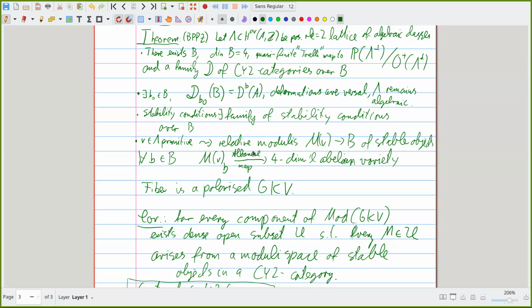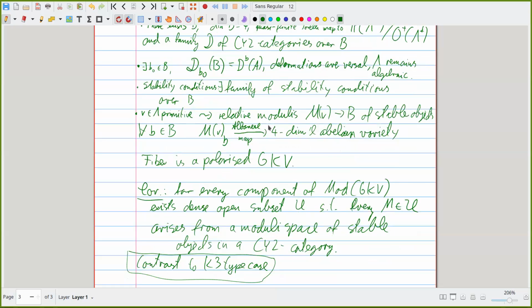So the Albanese map is mapping to a genuine abelian variety, not a non-commutative abelian variety. Yes, this is mapping to a Y-type abelian fourfold. Okay, and I didn't quite understand the contrast with the K3 case. Can you say again how this is different? In the K3 type case, if you want a 20-dimensional family of K3 type Hyperkaehler varieties arising as a moduli space, we know that the moduli space is 20-dimensional algebraic.